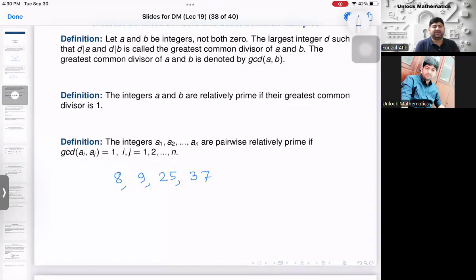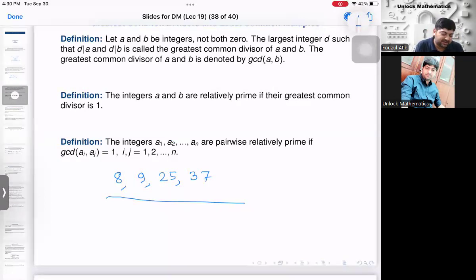If you take any pair of these integers, GCD of 8 comma 9 is 1, GCD of 9 comma 25 is 1, GCD of 25 comma 37 is 1, GCD of 8 comma 25, all of them are 1. If you take any pair of them, the GCD of each pair is 1. So therefore these numbers 8, 9, 25, 37 are pairwise relatively prime.